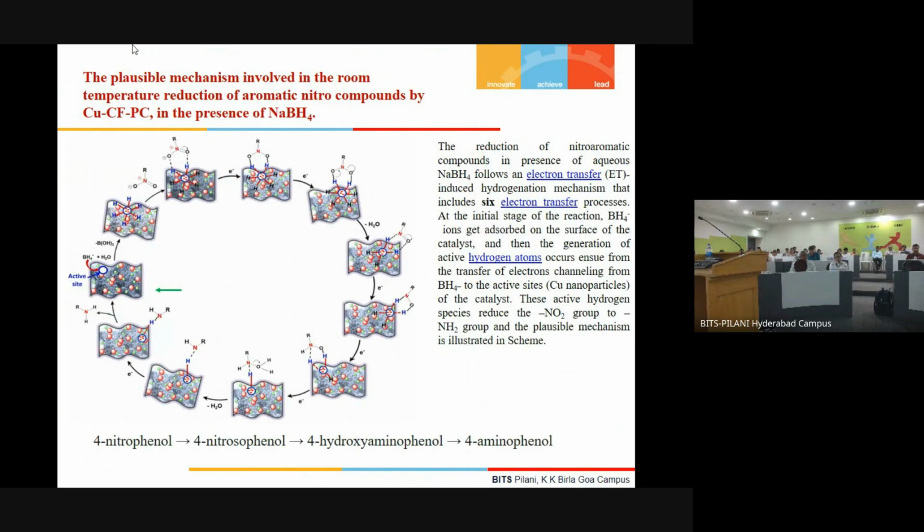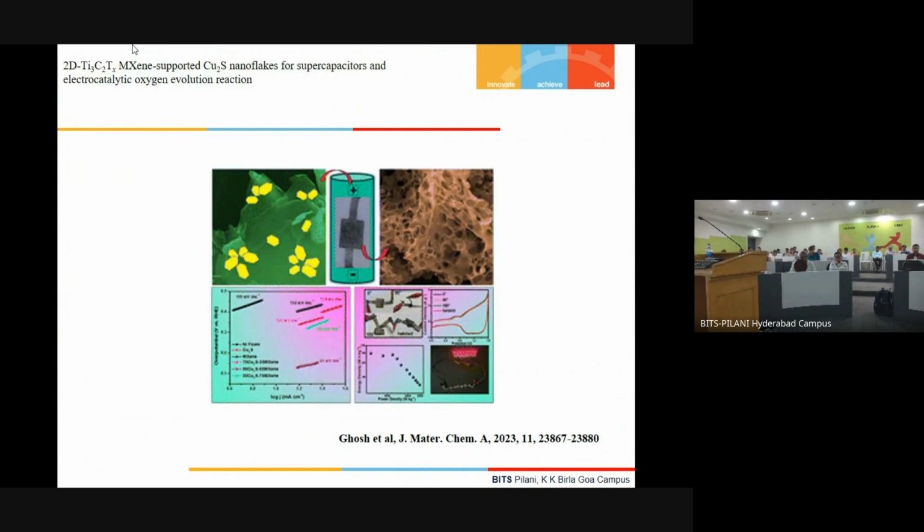The mechanism is standard: it is a 6-electron transfer process, and the reaction follows through these intermediates. I am just going through that quickly.